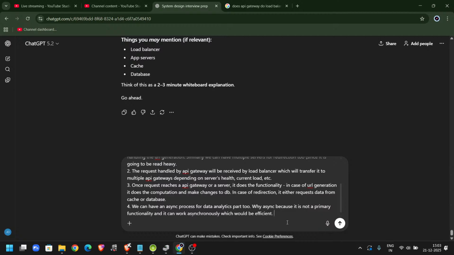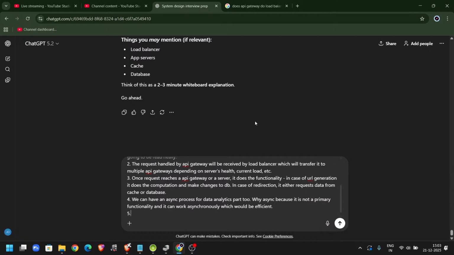Okay, I think that's all. We can maybe also mention... no, but it's fine. Cache detail में नहीं जाना है. Okay, let's see.